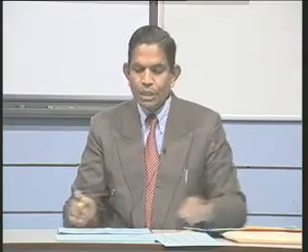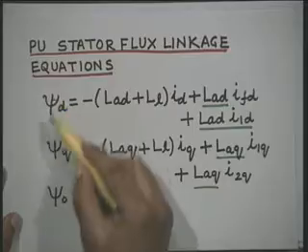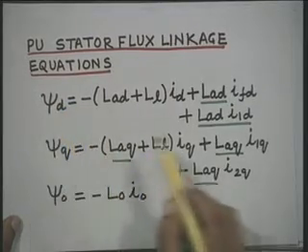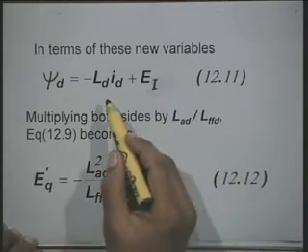Now, when I use these newly defined terms and use our equations, the equations which we have got are the basic equations. Therefore, let us write down the equation for psi d. The equation for psi d can be written now after making all the simplifications here.